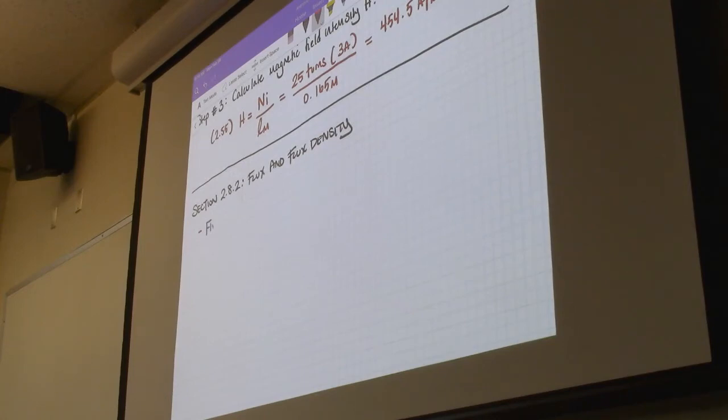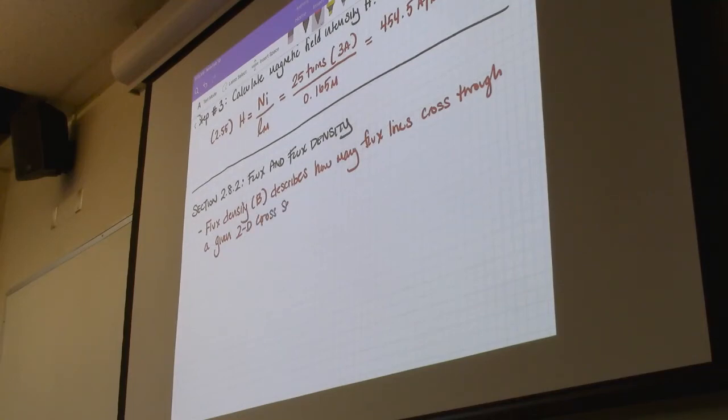A little bit of a self-defining term there, but another way of saying that is it describes how many flux lines cross through a given 2D cross-section of a magnetic field.